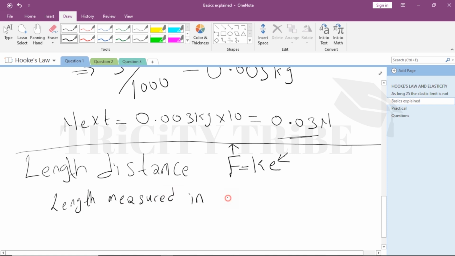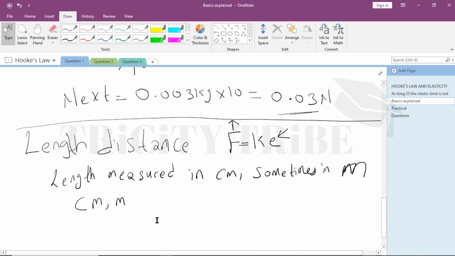It's always measured in centimeter, sometimes in meter. So your length is always measured in centimeter or sometimes meter.